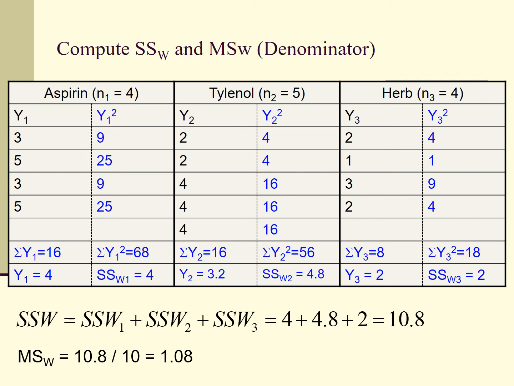We will have 1.08. Remember, the degrees of freedom for within is sample size 1 minus 1 plus sample size 2 minus 1 plus sample size 3 minus 1. So it is 4 minus 1 plus 5 minus 1 plus 4 minus 1, which is 10.